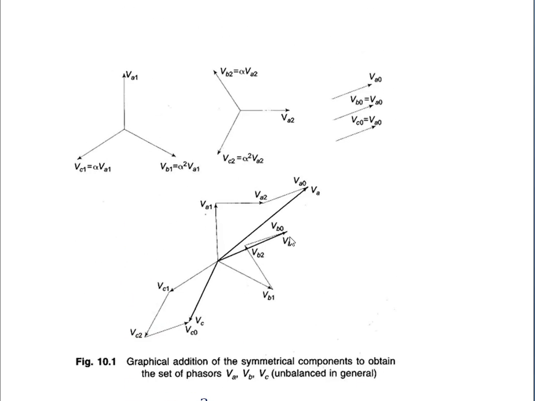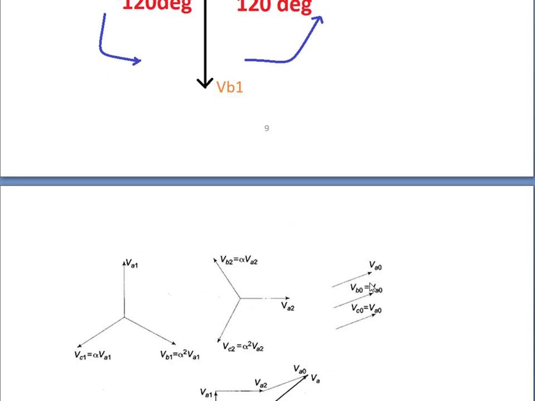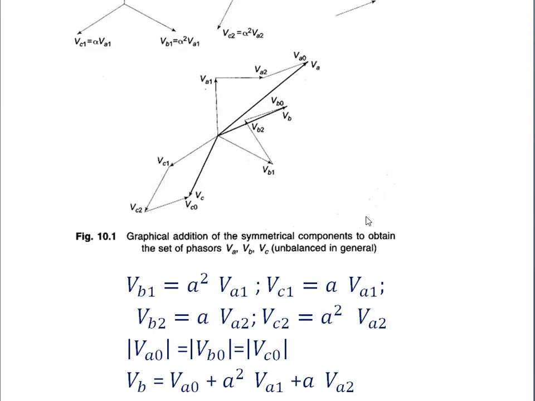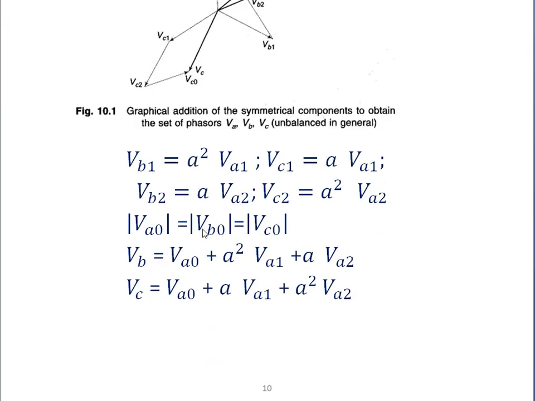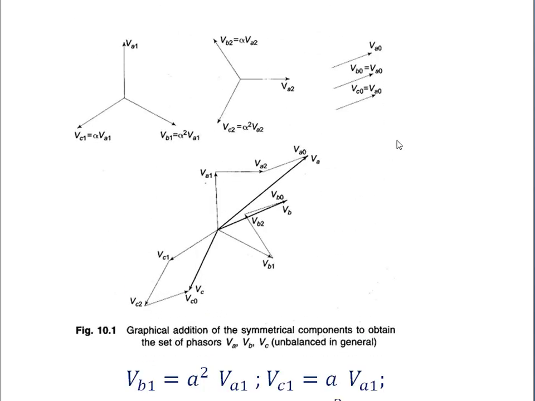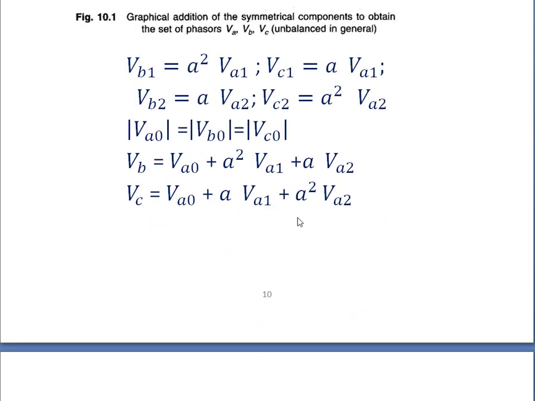Then the zero phase sequence components have the same magnitude like this, but the phase angle between them is 0 degrees, so they are stationary. So VA0 is equal to VB0 is equal to VC0. Now we represent VB and VC in terms of the reference vector.